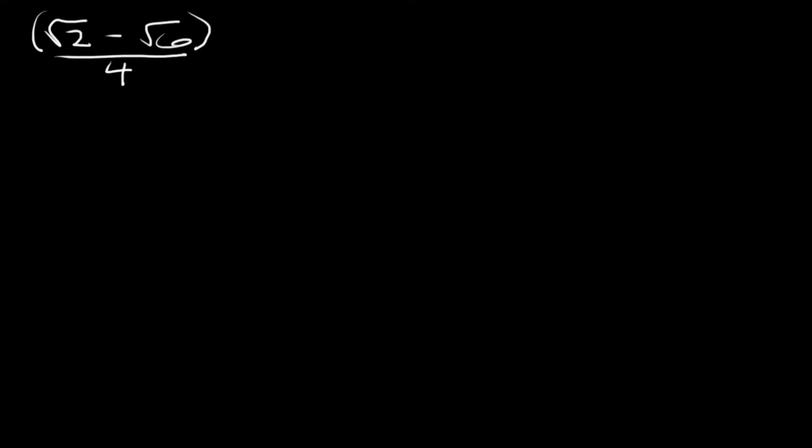And the number we can multiply by would be square root of 2. So if we multiplied top and bottom by square root of 2, then root 2 times root 2 is square root of 4. Root 6 times root 2 is square root of 12. And then 4 root 2.